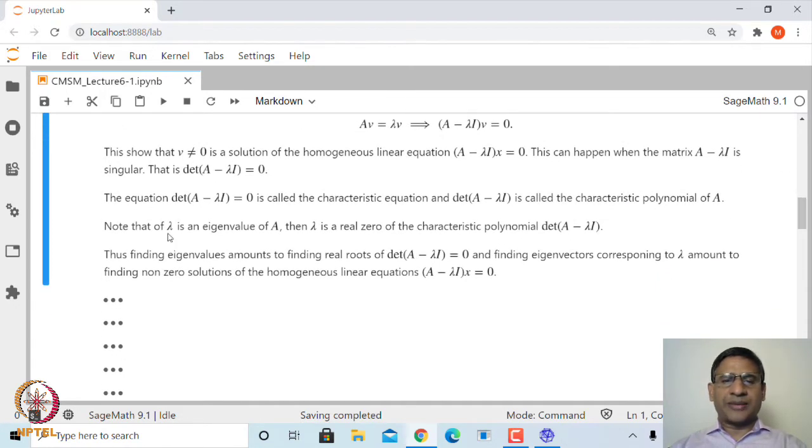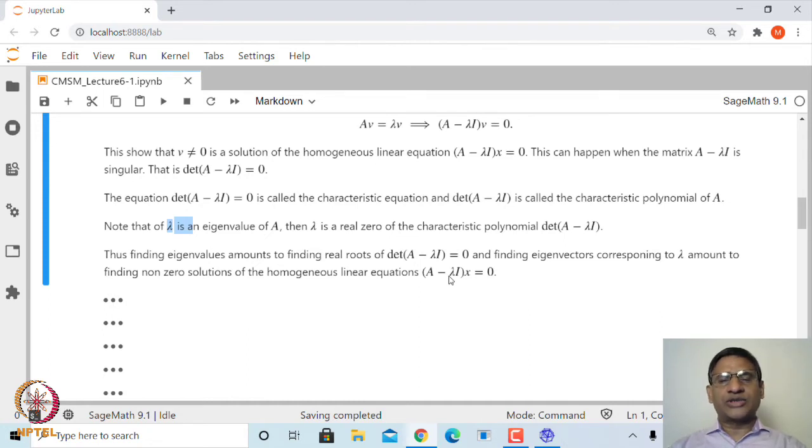And so, lambda is an eigenvalue of A is the same as saying lambda is a real zero of the characteristic polynomial, determinant of A minus lambda I. Therefore, finding real eigenvalues amounts to finding real roots of this characteristic equation, and finding eigenvectors with respect to eigenvalue lambda amounts to finding non-zero solutions of these homogeneous equations.